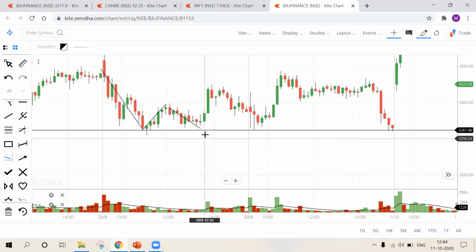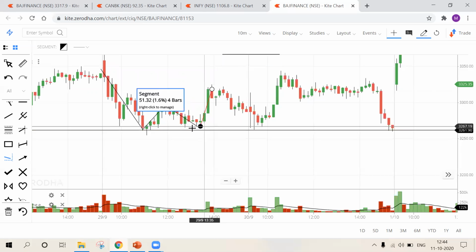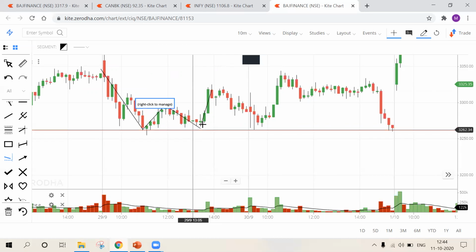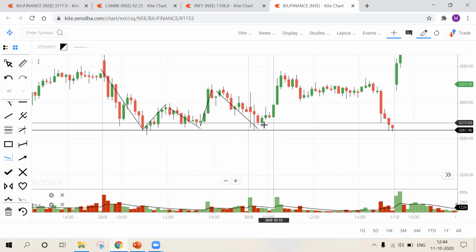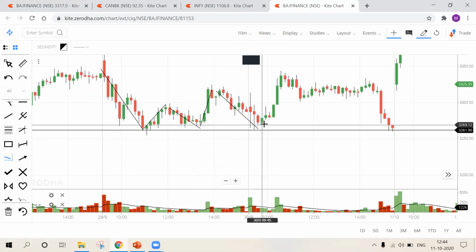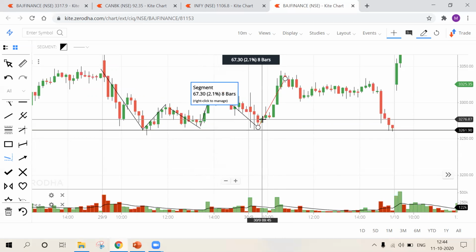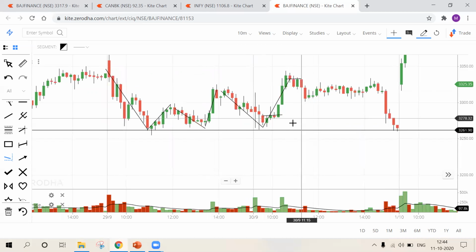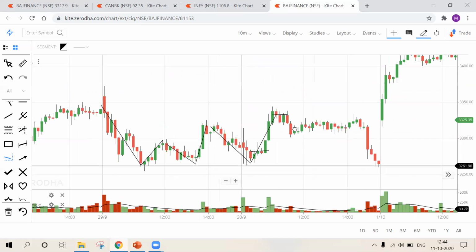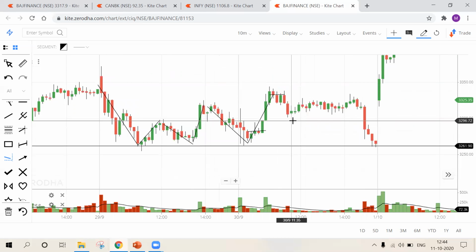Again sellers tried to push downward, but buyers came to the market at the same level. This is the second rejection. At the third rejection, you can expect that buyers will again come at the same level and try to push the price up. Before that happens, you can make a buy position here and sell off your positions there and book profit. That's how one should be trading using the support concept of price action.